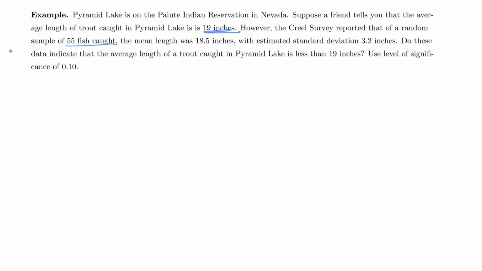So the sample size is 55, and the mean length is 18.5. This mean refers to the sample, so the sample mean was 18.5, with an estimated standard deviation of 3.25. This standard deviation is the sample standard deviation, from the sample of 55.